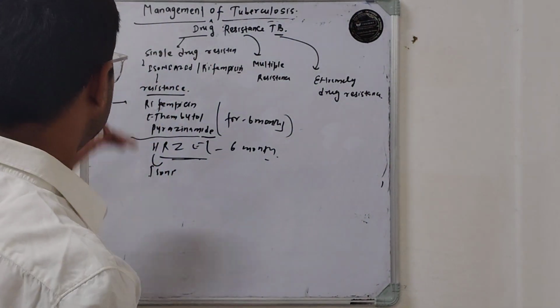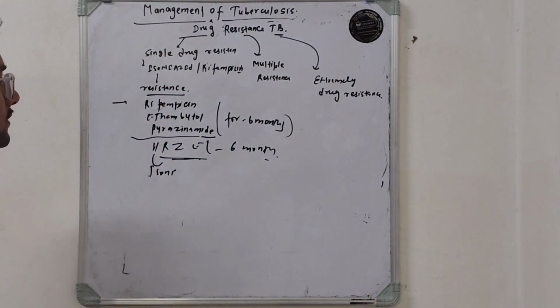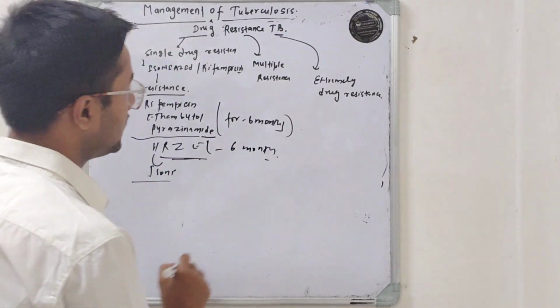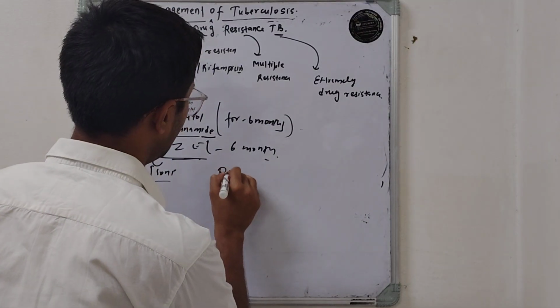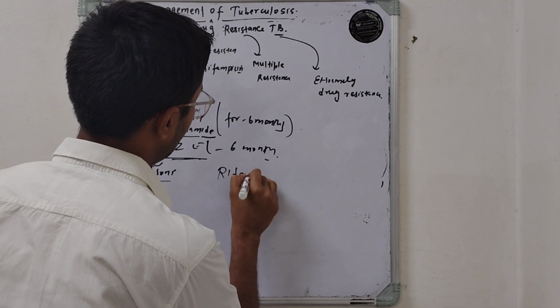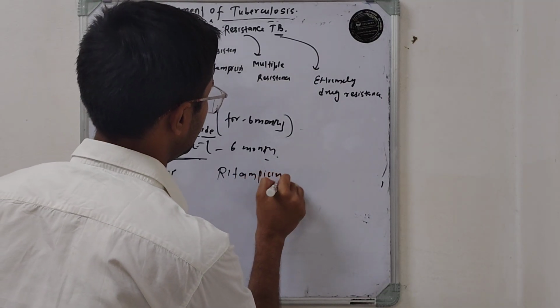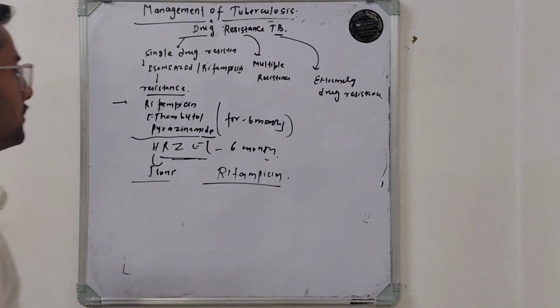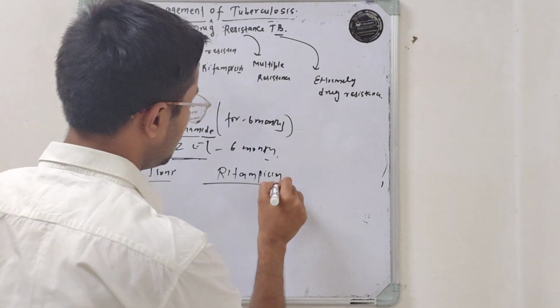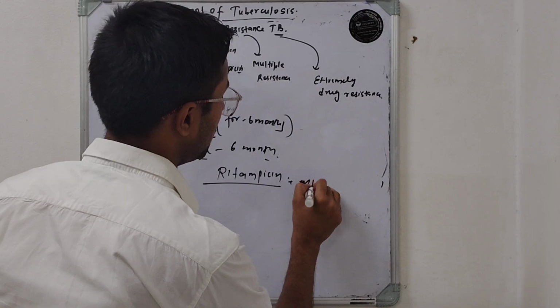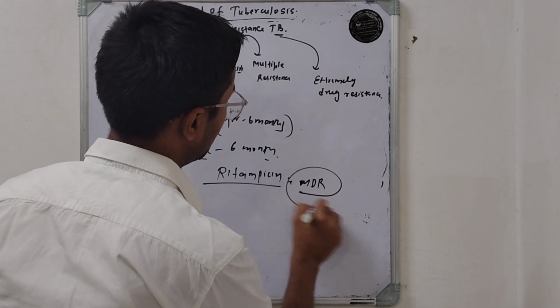So this is all about isoniazid resistance. Now what happens if a patient has rifampicin resistance? In case of rifampicin resistance, we follow the criteria of multiple drug resistance treatment.